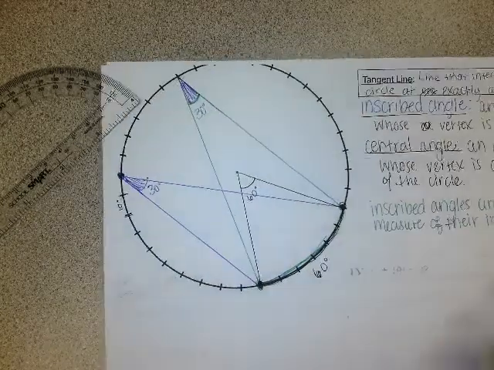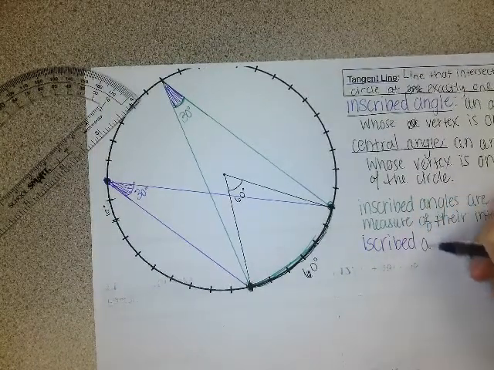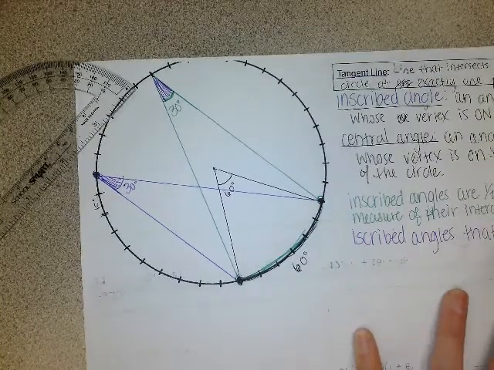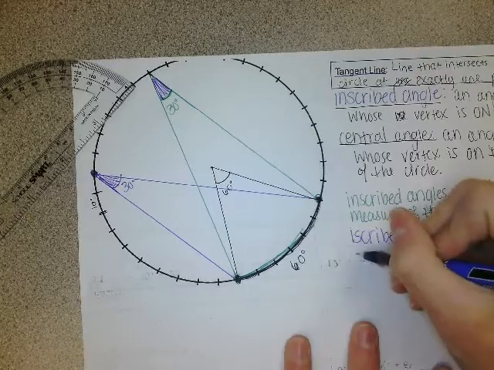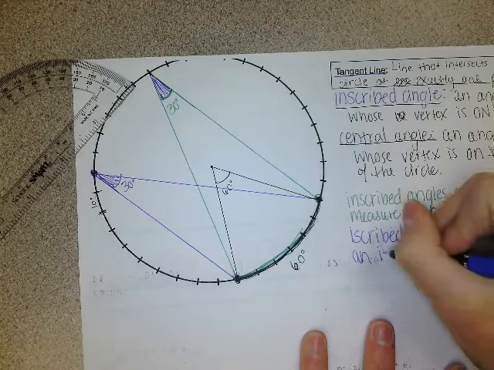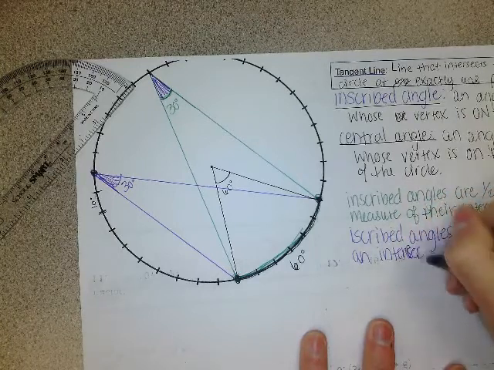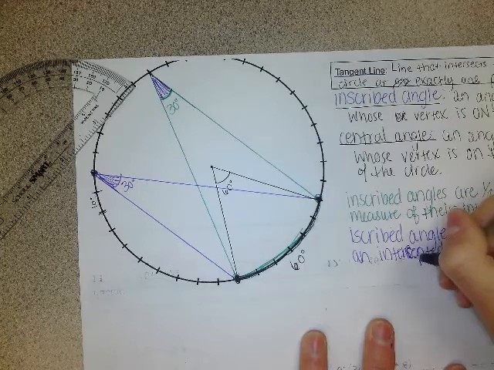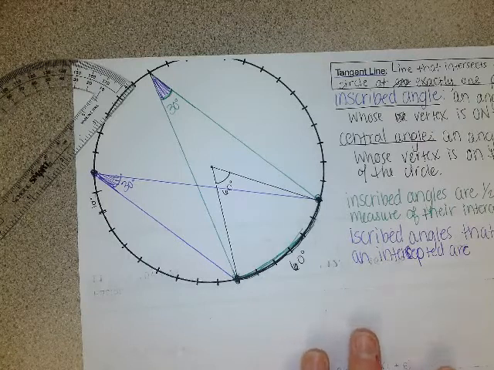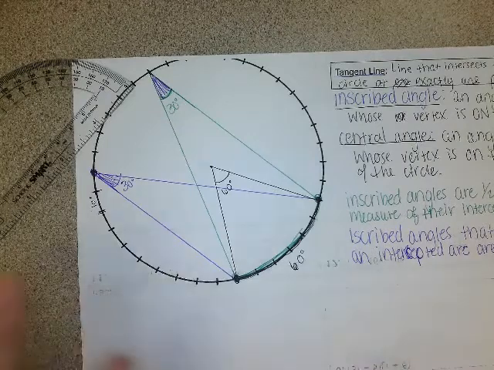So inscribed angles that share an intercepted arc, what are they? Congruent. Perfect.